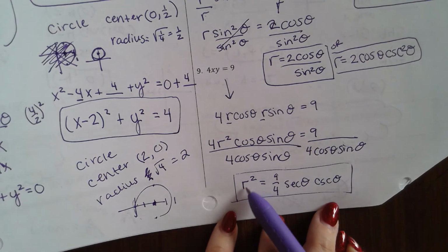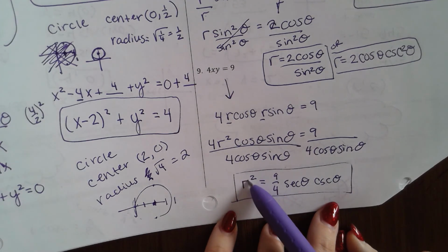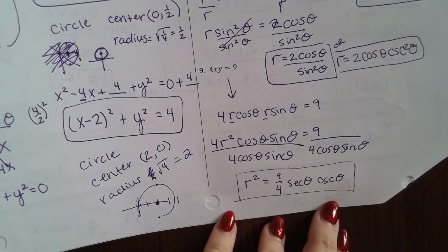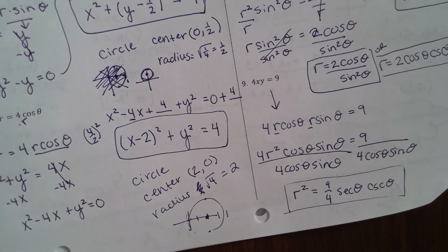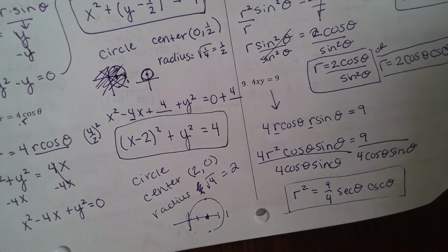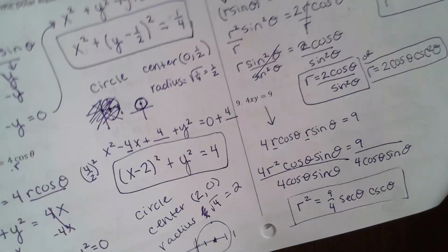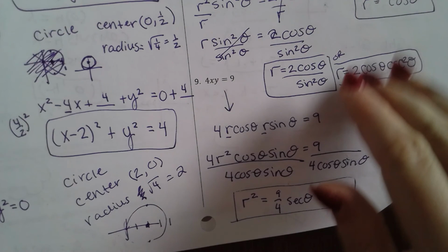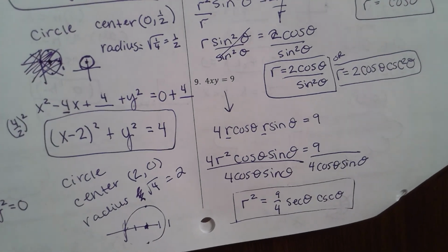You could leave it like this, or if you don't want to square here, then we would square root each side of this, and we would get our final answer that way. Okay, so it kind of just all depends on how far it wants you to take it. For me, I always just want you to get r by itself. So when it comes to the quiz and the test, you just always want to get r by itself.